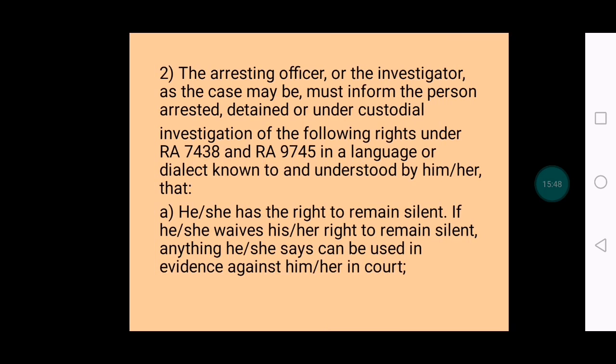The arresting officer or the investigator, as the case may be, must inform the person arrested, detained, or under custodial investigation of the following rights under Republic Act 7438 and Republic Act 9745 in a language or dialect known to and understood by him or her: that he/she has the right to remain silent; if he/she waives his or her right to remain silent, anything he/she says can be used in evidence against him or her in court.